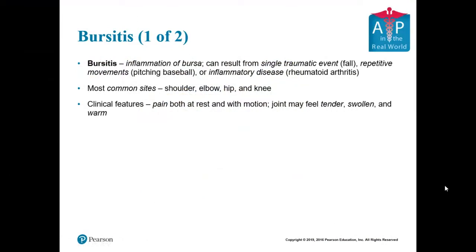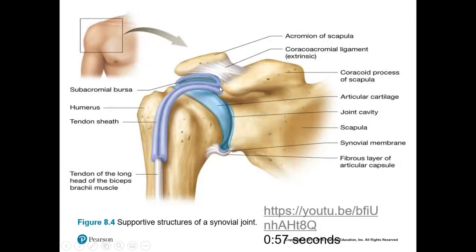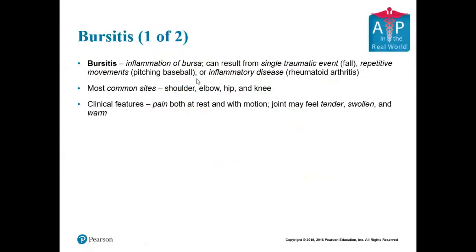Okay, so the case study here, bursitis, right, is basically inflammation of the bursa. Anytime you see a word ending in itis, it's probably inflammation, right? So in this case, we have the bursa undergoing inflammation by possibly some sort of injury, right?